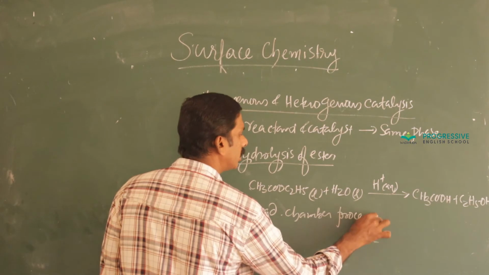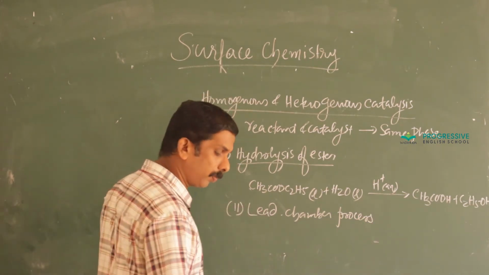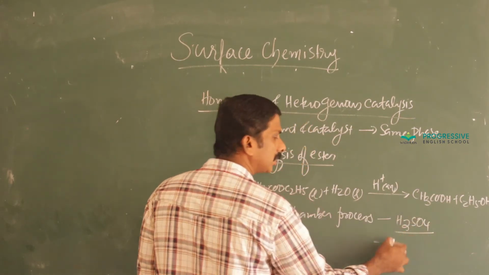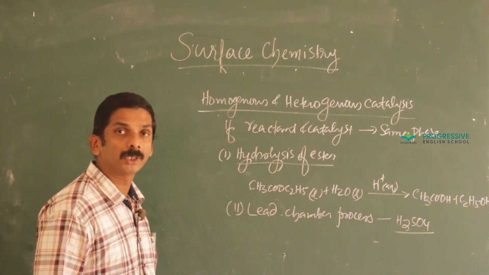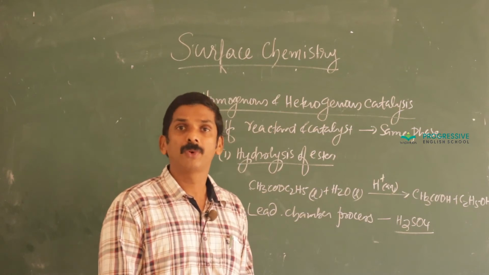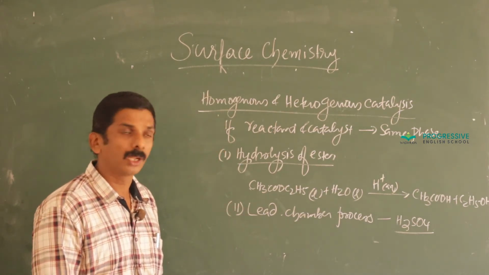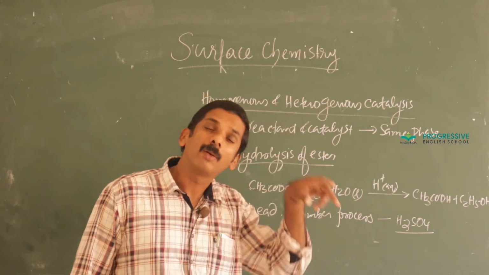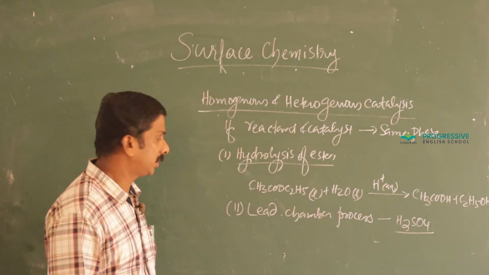Lead chamber process for the manufacture of sulfuric acid. I already told you that there are two methods for the industrial preparation of sulfuric acid, either by the lead chamber process or, the most important and most applicable method, the contact process.